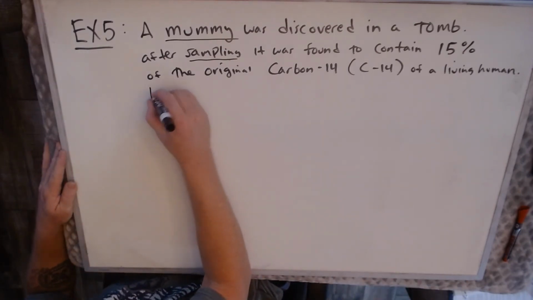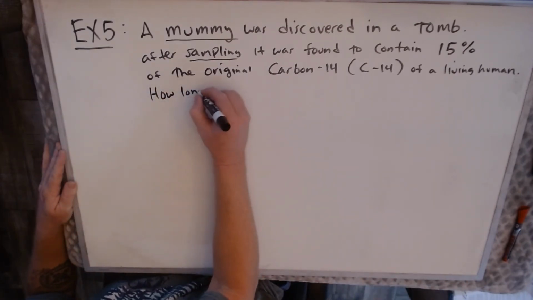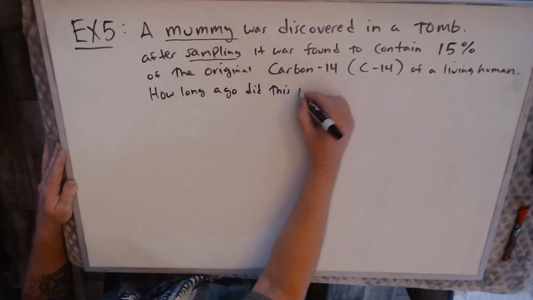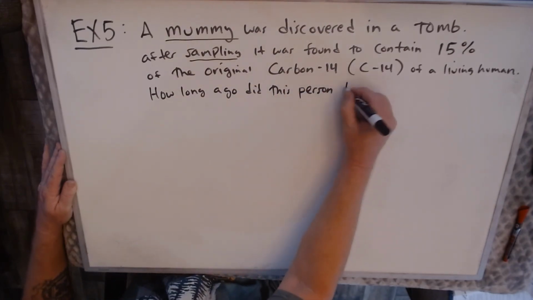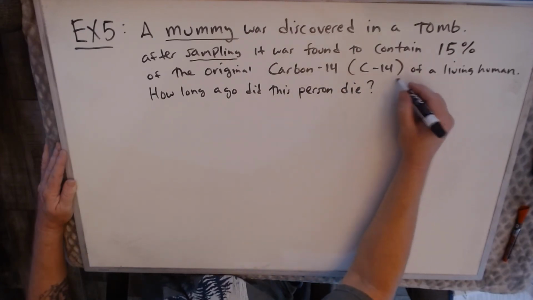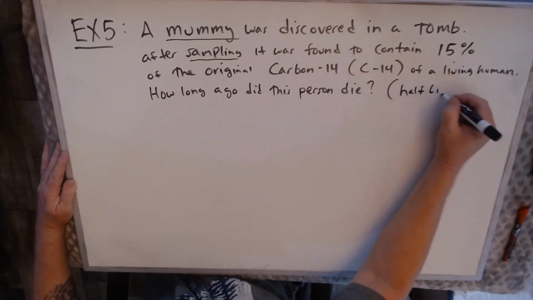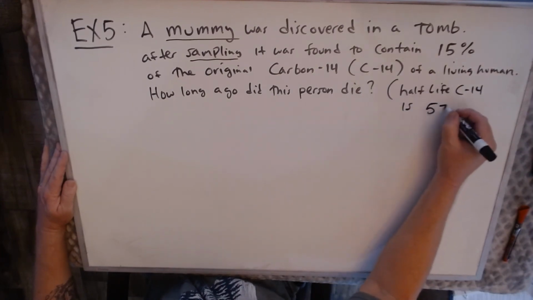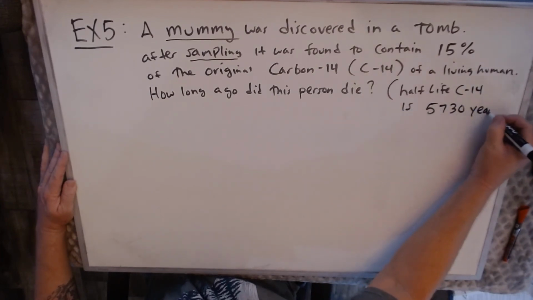How long ago did this person die? And keep in mind, I'm going to give you the half-life for this problem. The half-life of C14 is 5,730 years.